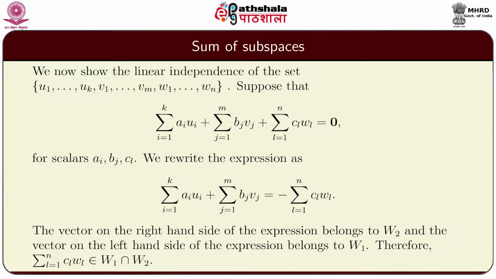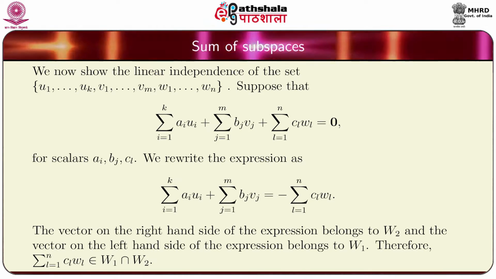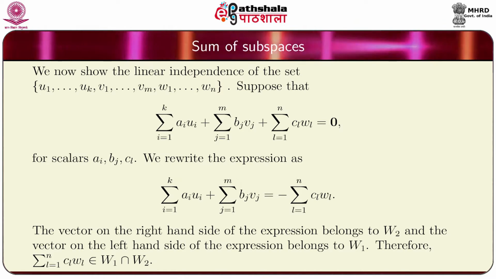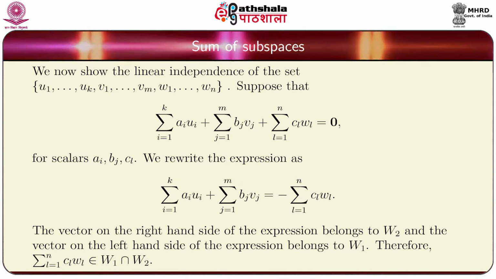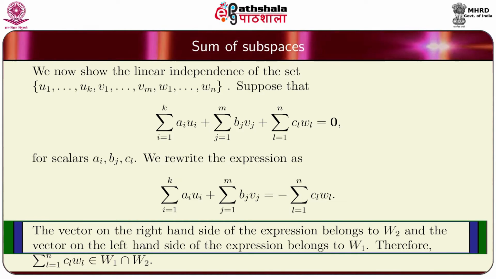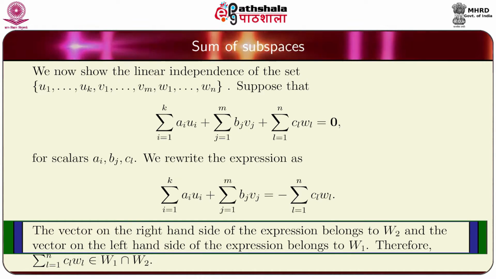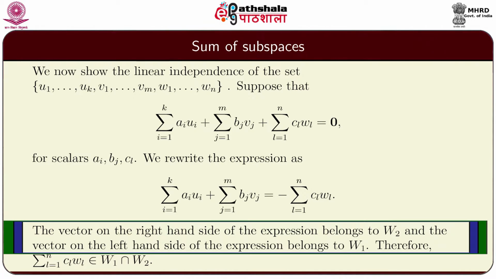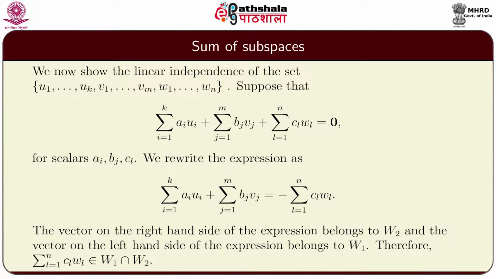Then we just push that summation cl wl, l equal to 1 to n, to the other side of the equality sign. Then the vector on the right hand side of the expression belongs to W2 and the vector on the left hand side of the expression belongs to W1. Therefore, this summation l equal to 1 to n cl wl actually belongs to the intersection W1 intersection W2.